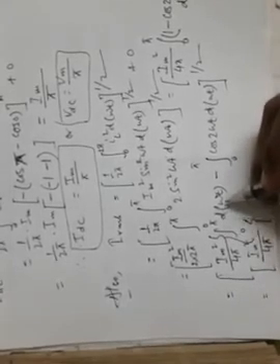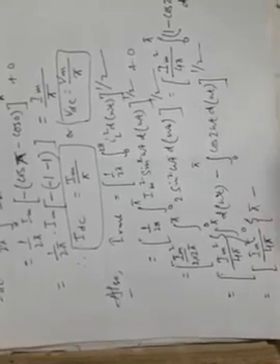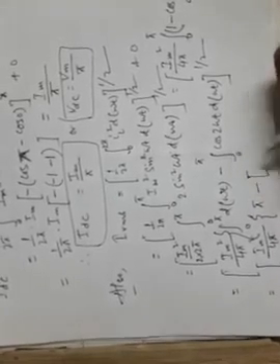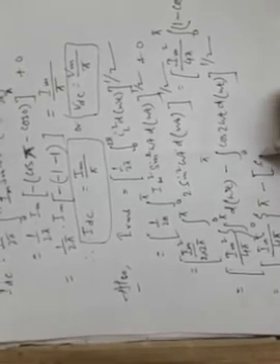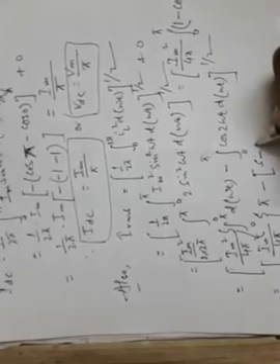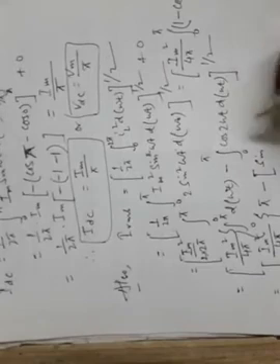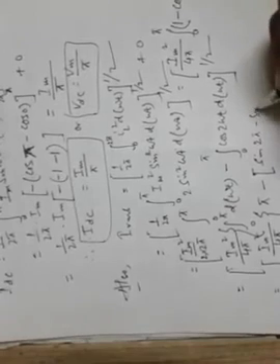This is pi, minus the integration of cos 2 omega t, which means sine 2 omega t by 2, at pi giving sine 2 pi, minus sine 0.